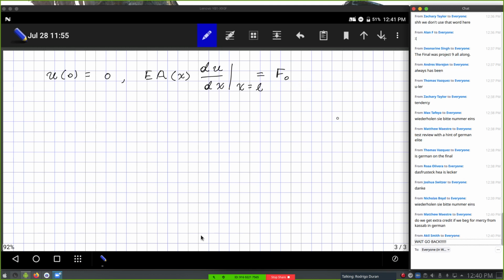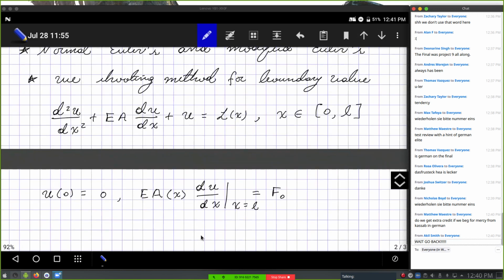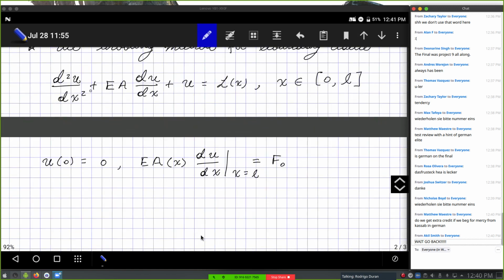So this is the equation of the deflection of a beam from 0 to L, and then I have some boundary conditions. What they're going to ask you to do primarily is to use finite difference for the boundary value problems, and you have to come up with an equation, the actual equation.